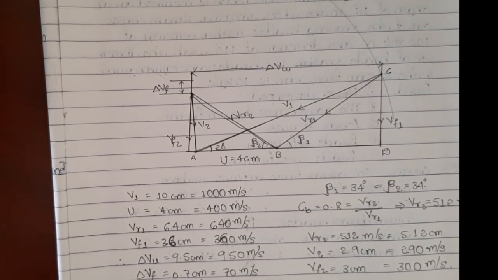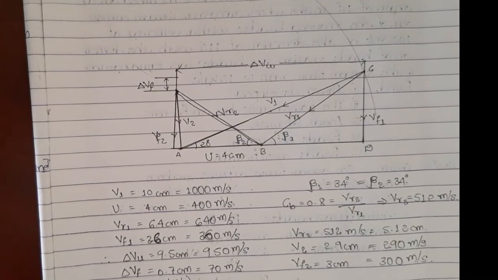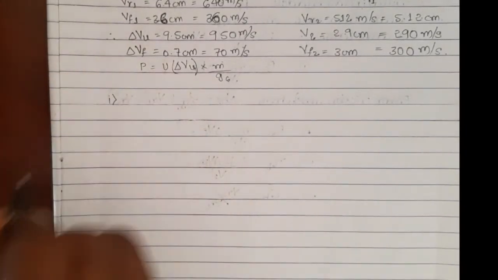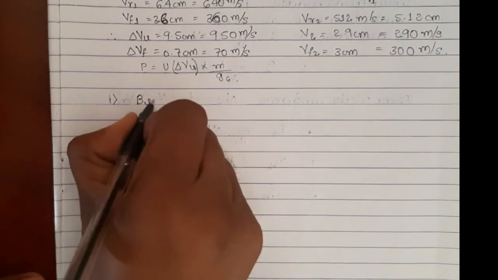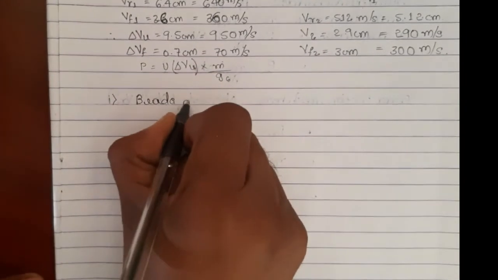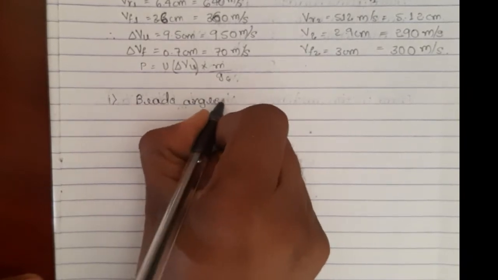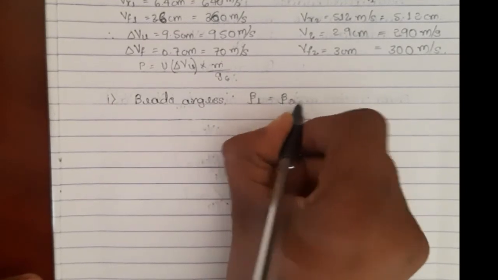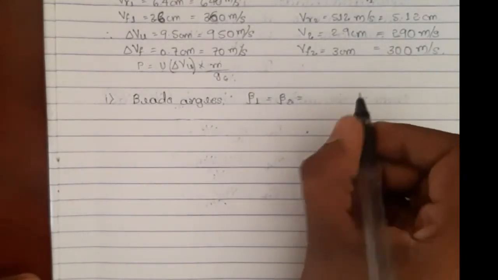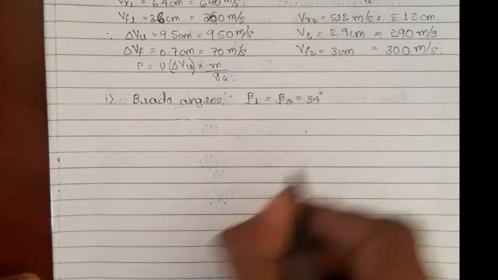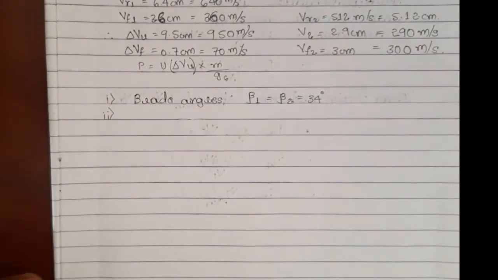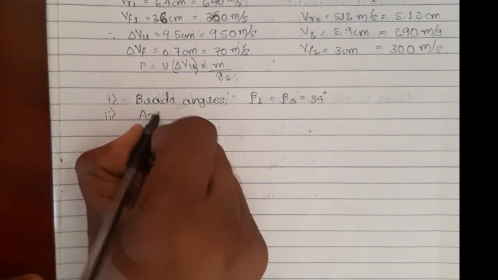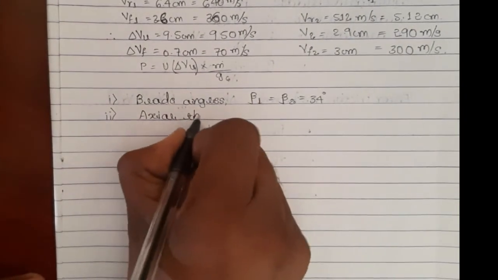Now let us go and calculate what are the parameters that are asked in the problem. The first parameter that is being asked here is the blade angles. Since we got blade angles directly from the graph, they are measured as 34 degree. Since in this problem, in the de-Laval turbine, the blades are symmetrical, they are measured to be 34 degree. The second thing that is being asked here is the axial thrust. We already know the formula for axial thrust, right?